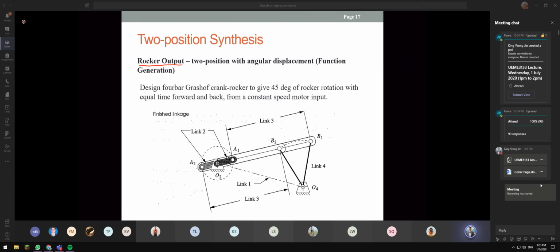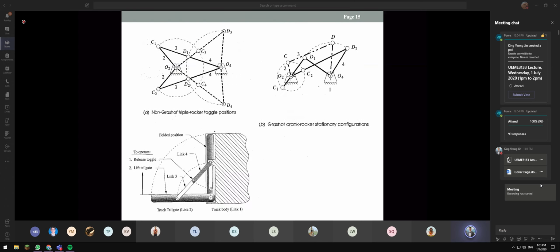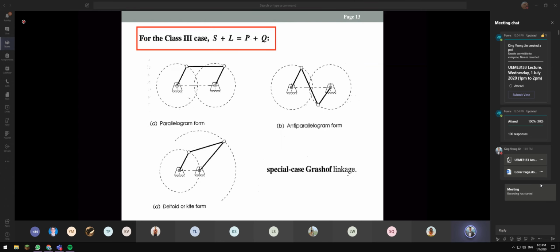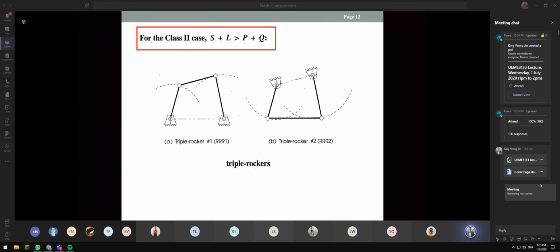As what we have seen before, let's go to any 4-bar linkage. For example, this example. This bar in our text is normally referring to the crank. This is the coupler, and this is the rocker.